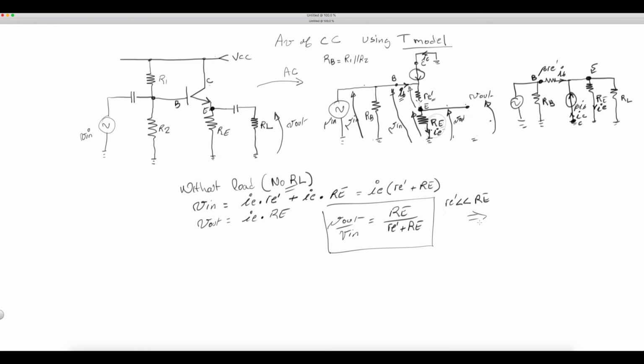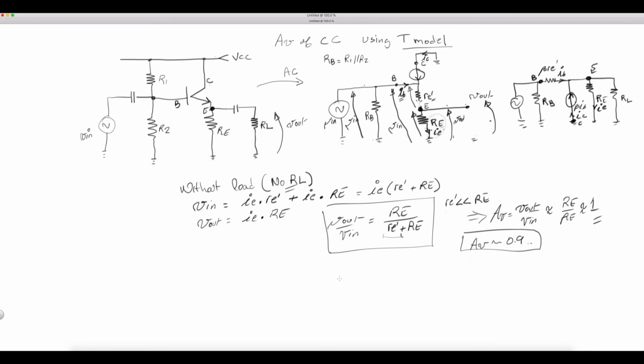So this implies that AV, which is equal to V out over Vn, is approximately equal to RE over RE, which is approximately equal to 1. Usually the real value, since this has some value, AV is going to be in the order of 0.9 something. So typically this is where you're going to find yourself with the voltage gain.